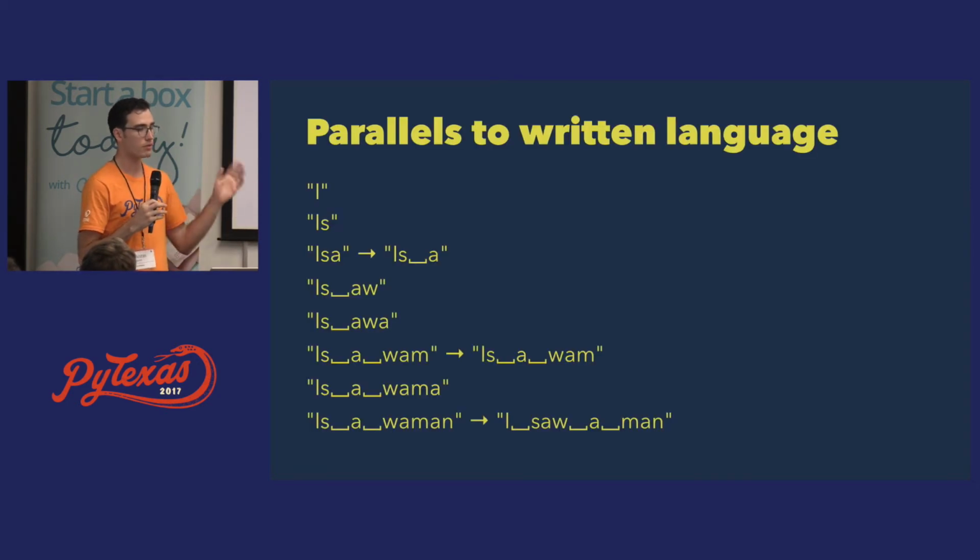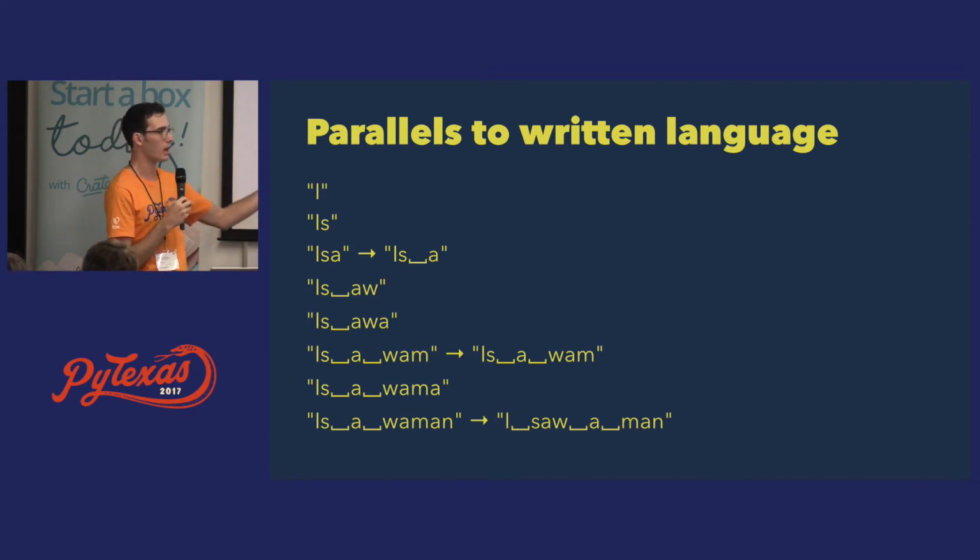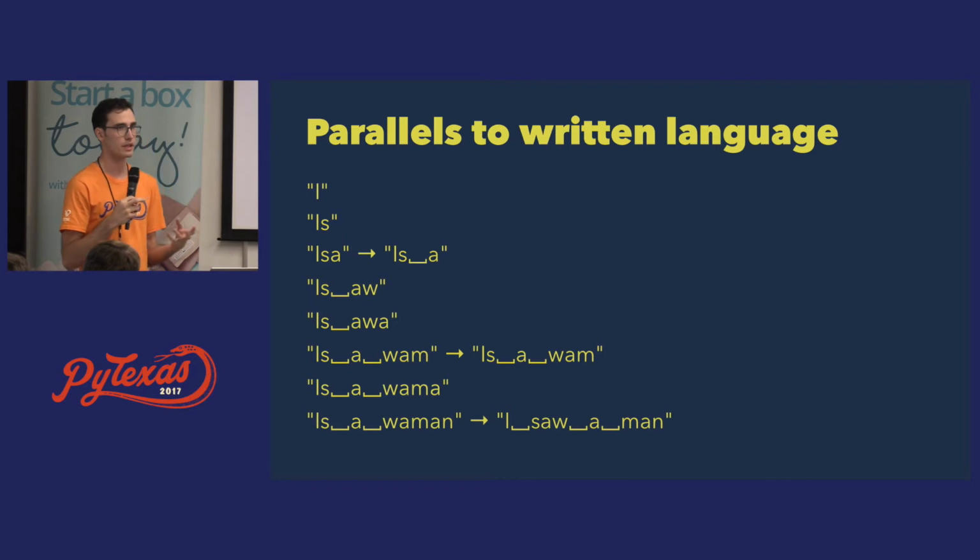If I just gave you the letter I, you'd say, okay, that's the word I. Then I give you the letter S, and you say, okay, this looks like the word is. You go through and break up the characters into chunks until you get to the end, and you say, okay, this is a word in English. That must be I saw a man. And you can insert those spaces into the character stream.